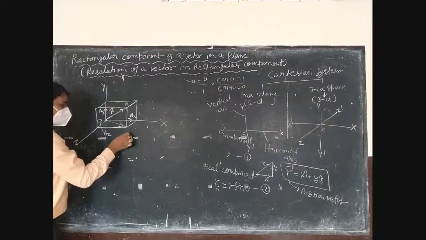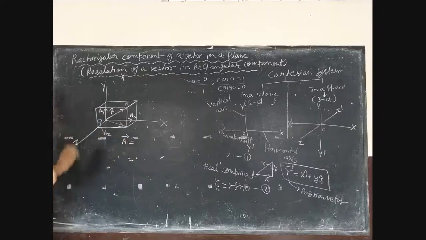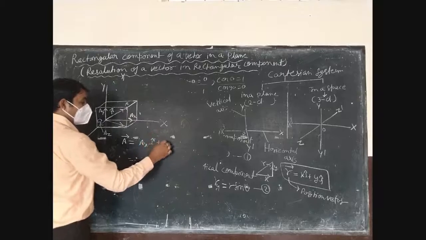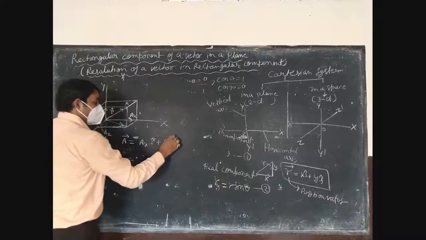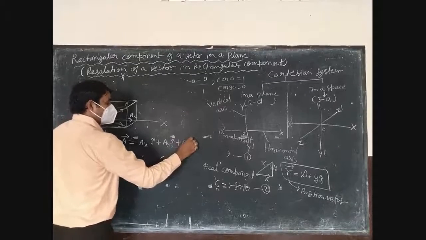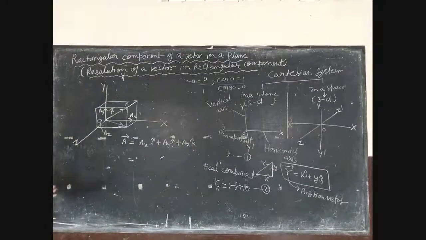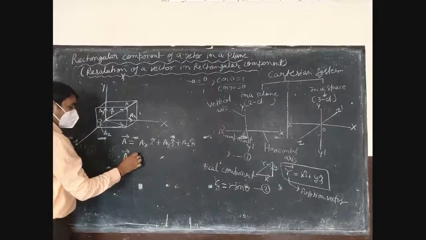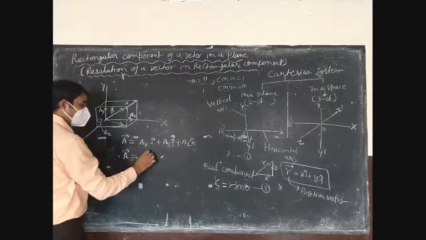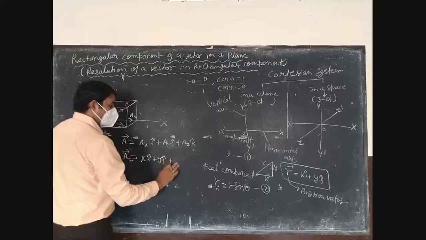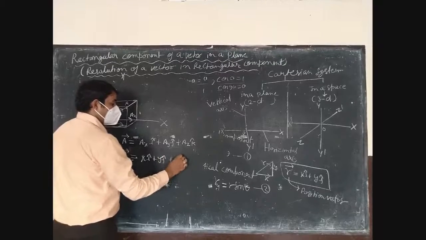This vector A is given in rectangular form in 3D space as AX i cap, AY j cap, and AZ k cap. Or in the simplest form, this vector A is X i cap, Y j cap, and Z k cap.